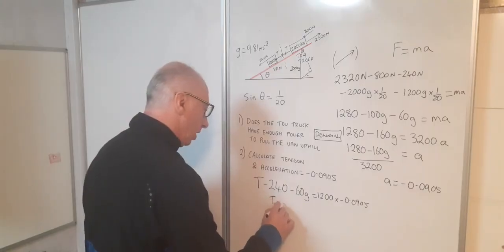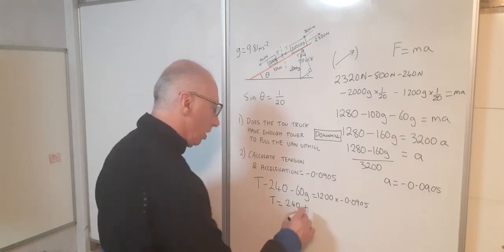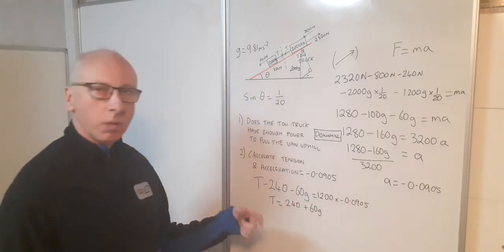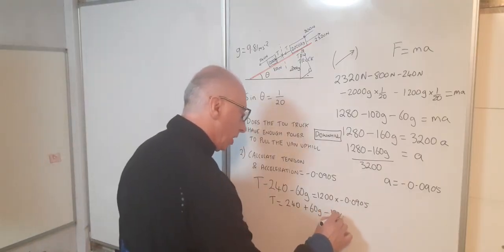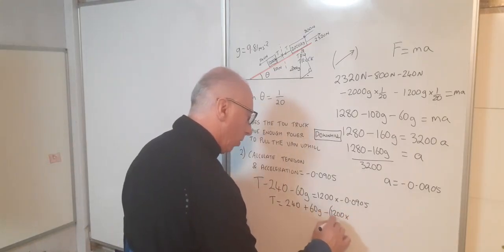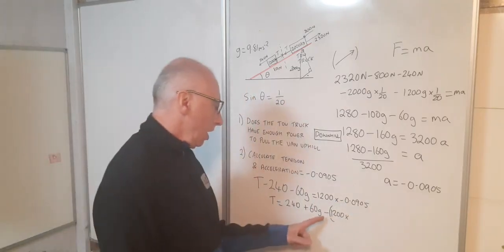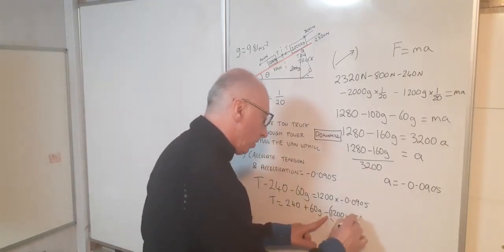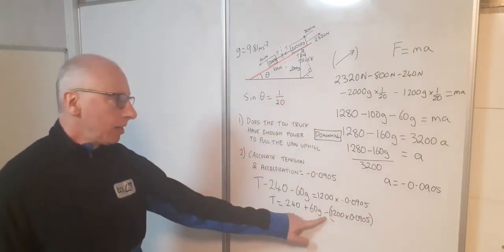So tension would equal 240 plus 60g, and then this is a minus, so we subtract that from it: minus 1200 times, all in a bracket because it's got a minus and a minus, so minus 1200 times 0.0905. That's utilising that minus.